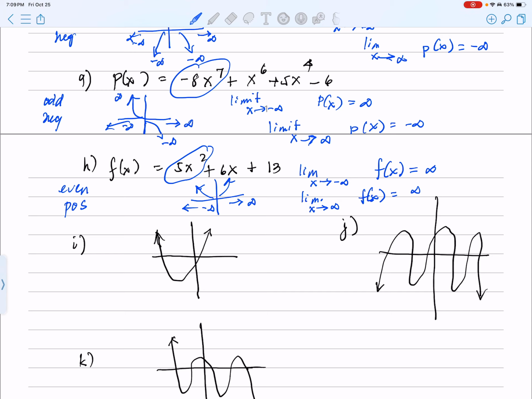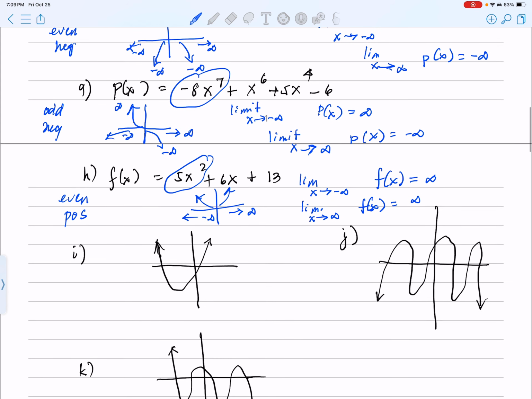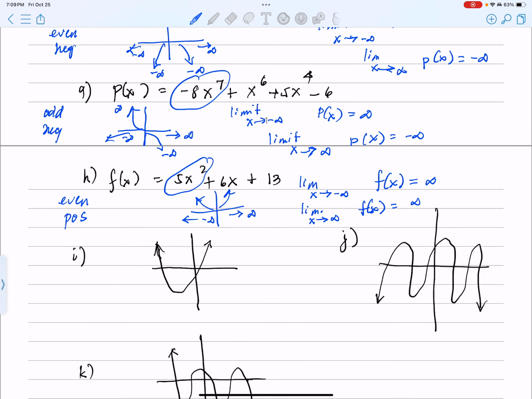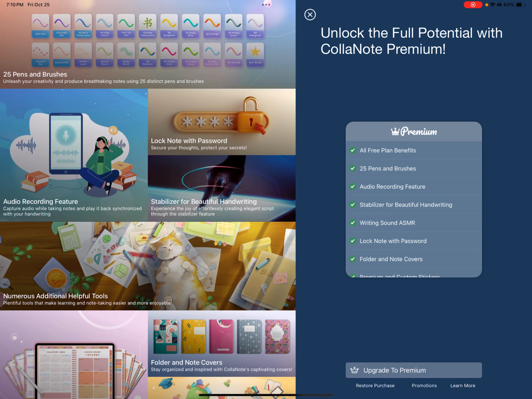How about if you are given a graph and then you're asked to write down the limit, describe in terms of using the limit notation. So both rises up. That's the one you're going to look at. That means in positive infinity, the end behavior is positive. As x approaches to negative infinity, the end behavior is positive. Okay?